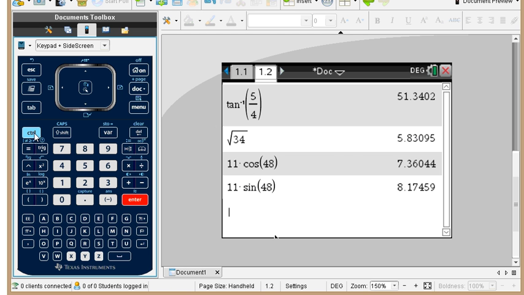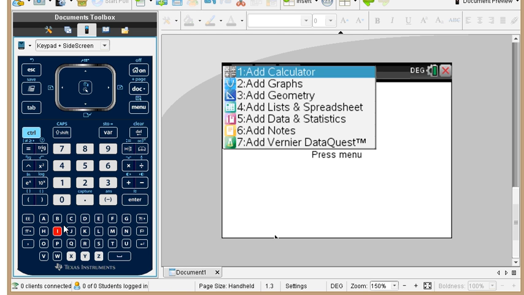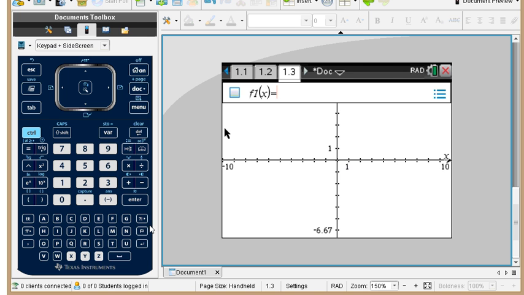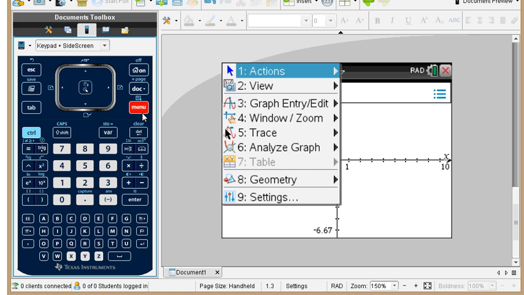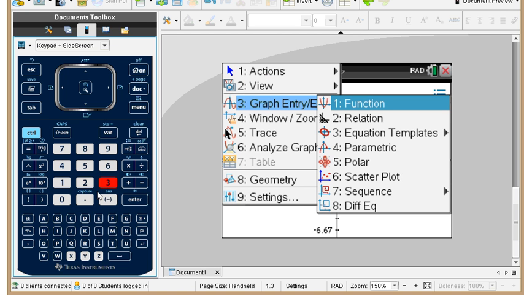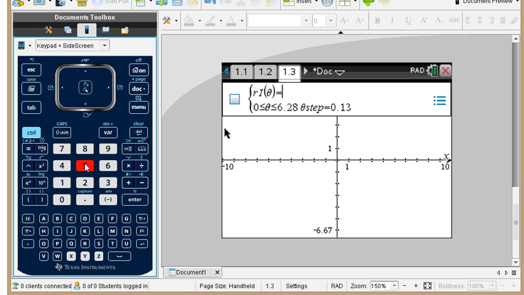We have Control I, and we'll go to graph. The first one we have is 3 secant theta. Well, that's going to be a trigonometric ratio. So to get to a polar equation, we go to Menu, 3, and then 5, which is polar.